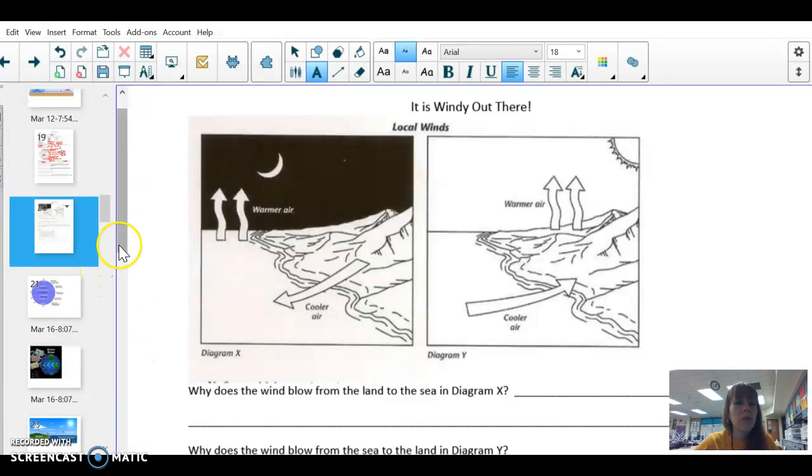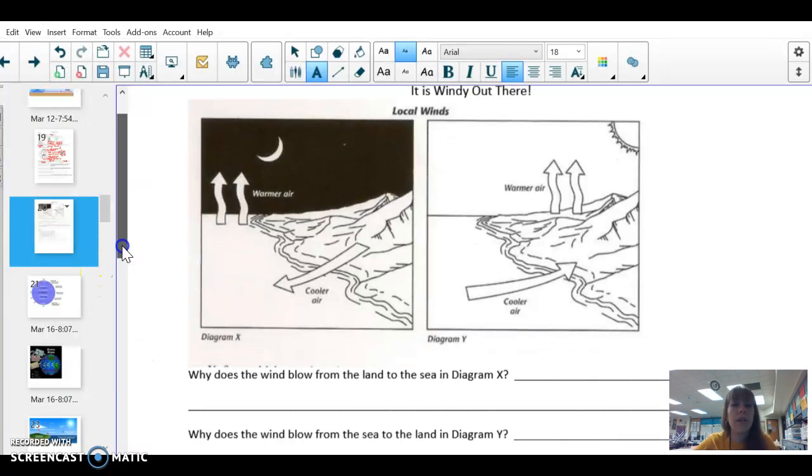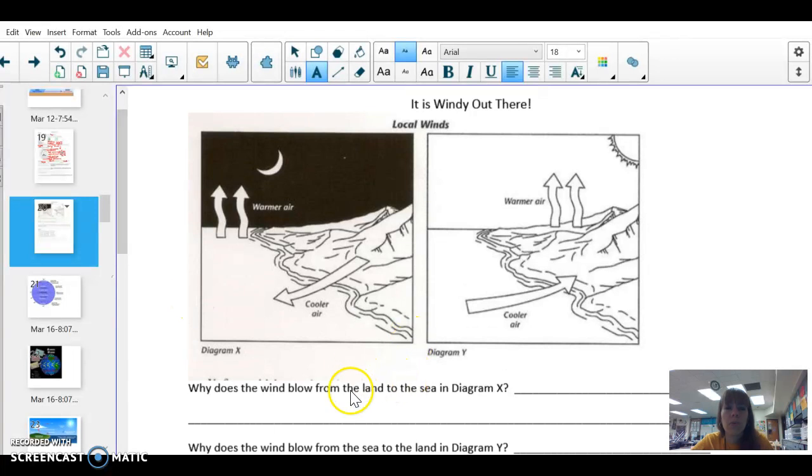Okay, so the question we have here is, why does the wind blow from the land to the sea, and why does the wind blow from the sea to the land? Well, the first thing we have to do is name them. One of these is called a land breeze, and one is called a sea breeze. To help you out a little bit, I'm going to label a few things. This is the sea. Please label with me. This is the sea.